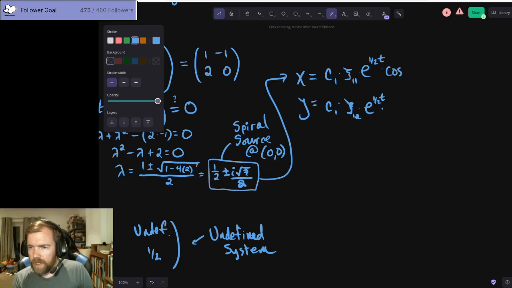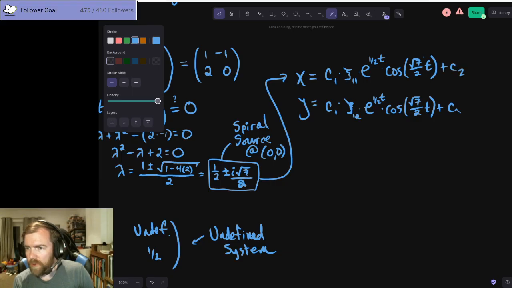And we're going to get a cosine of root 7 over 2 t for both. Okay, plus C2 for both.